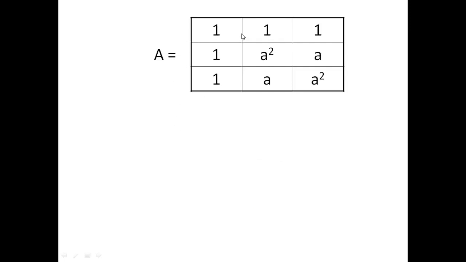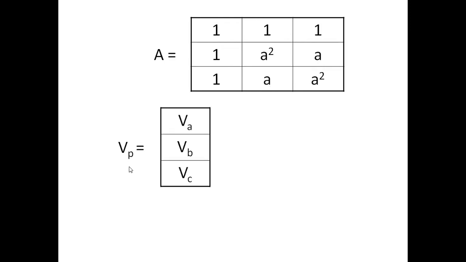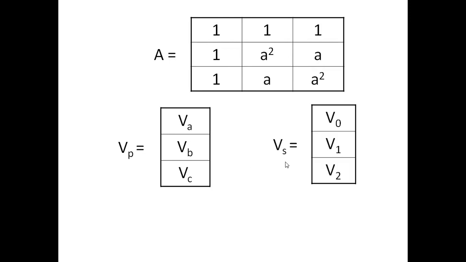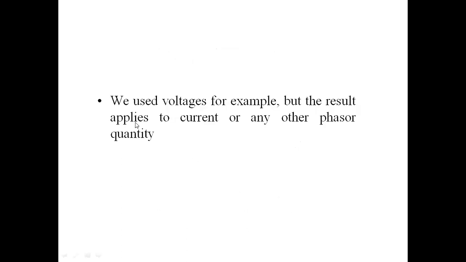So A matrix is 1, 1, 1; 1, a square, a; 1, a, a square. VP is the phasor voltage VA, VB, VC, and VS, the symmetrical voltage, is V0, V1, and V2, where VP equals A into VS, or VS is equal to A inverse VP.